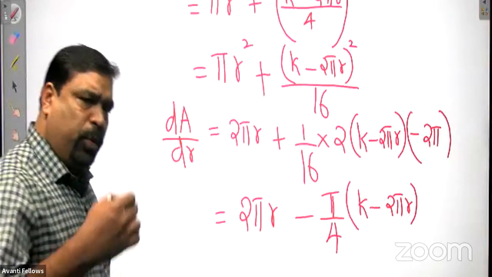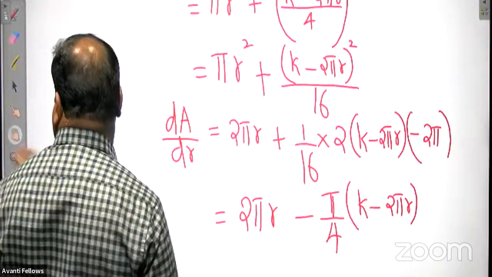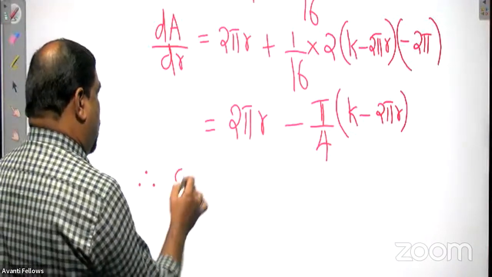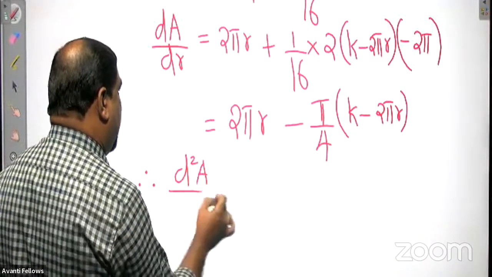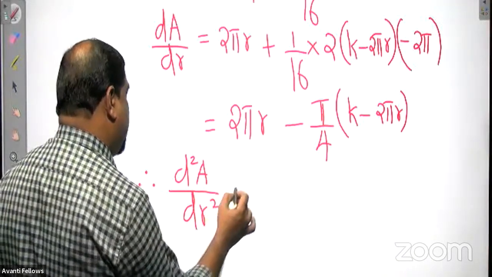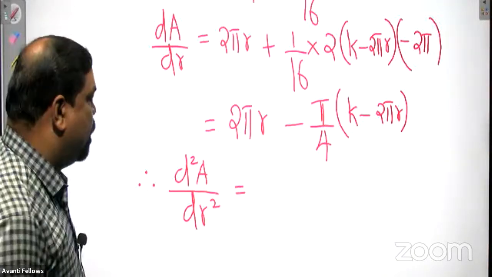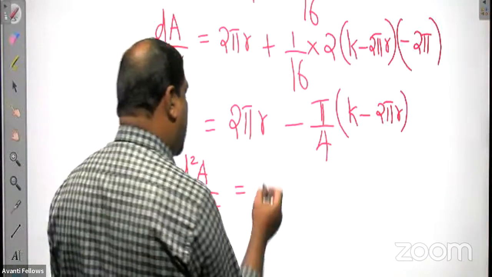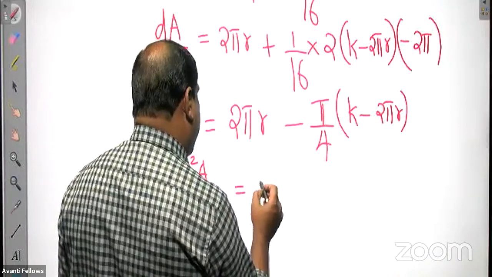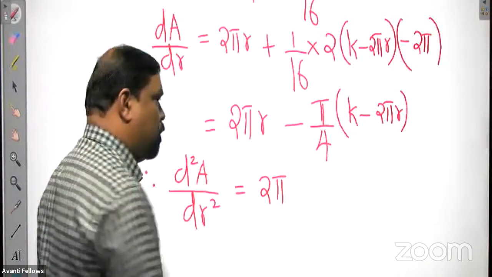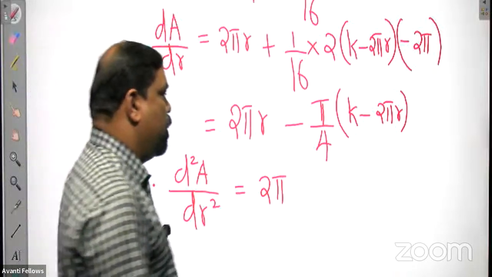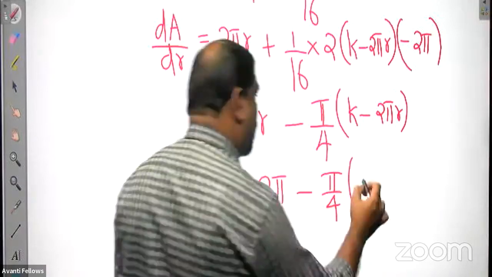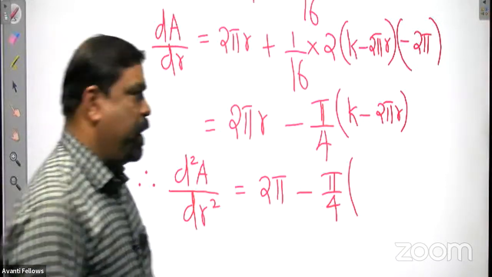Let us do the second derivative also at the same time. So what is d square a by d r square? Second derivative. Again differentiate. That means derivative of 2 pi r with respect to r means derivative is 2 pi. 2 pi minus pi by 4 is a constant, pi by 4 into derivative of k minus 2 pi r.